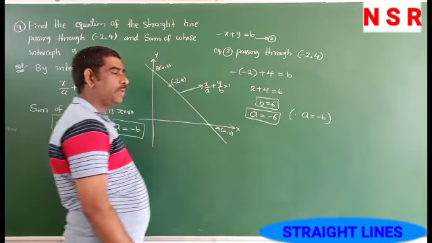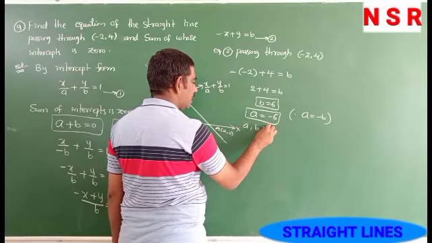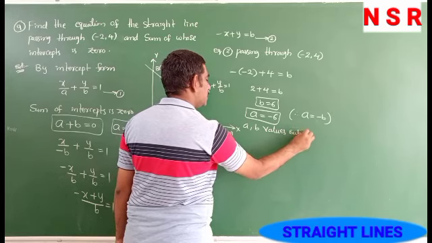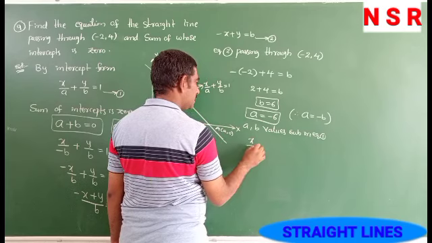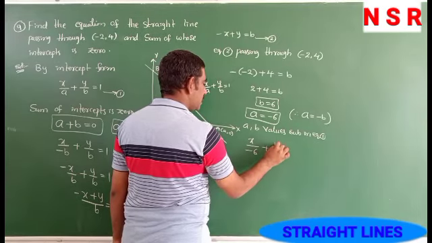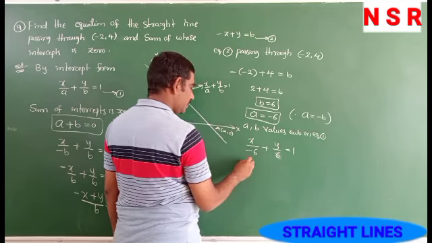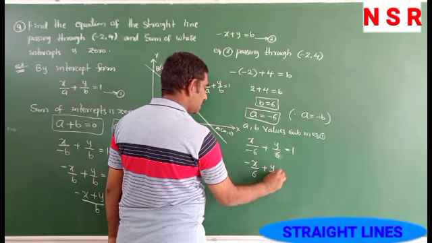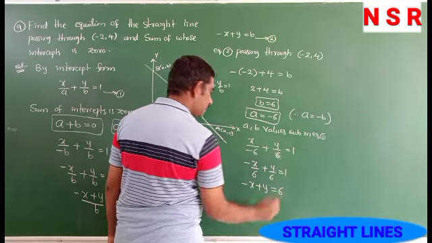So we get A and B values. Substitute these A, B values in equation 1. We get x by minus 6 plus y by 6 equal to 1. This can be written as minus x plus y equal to 6.